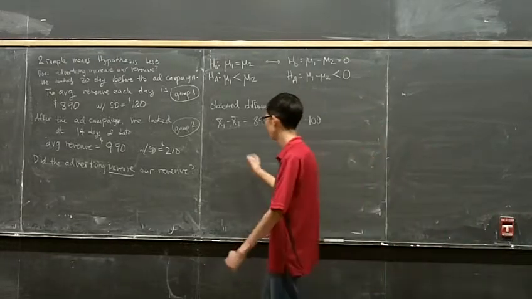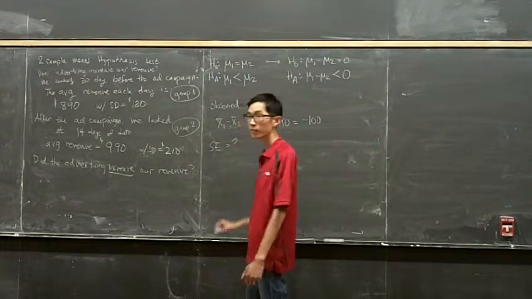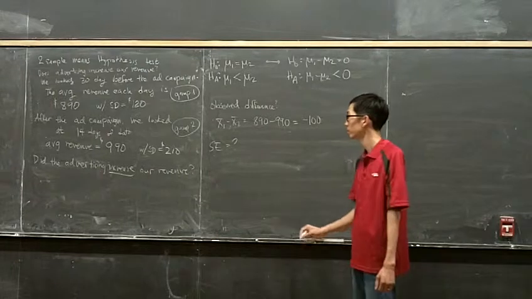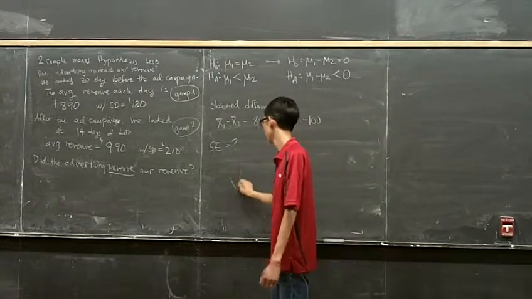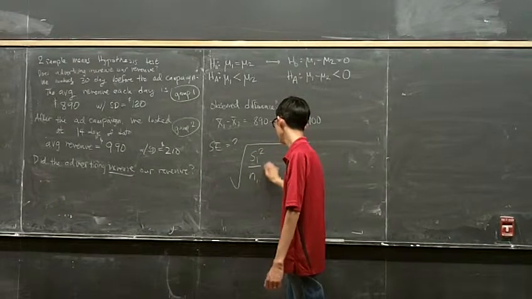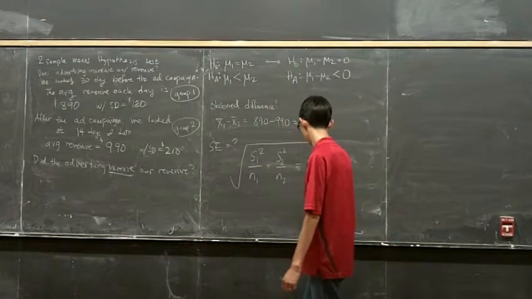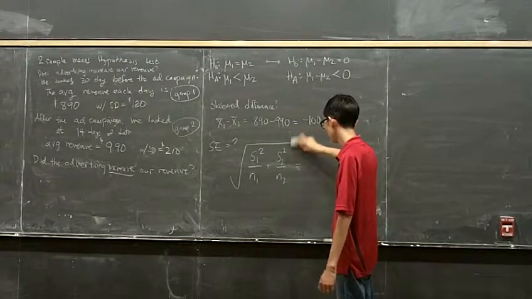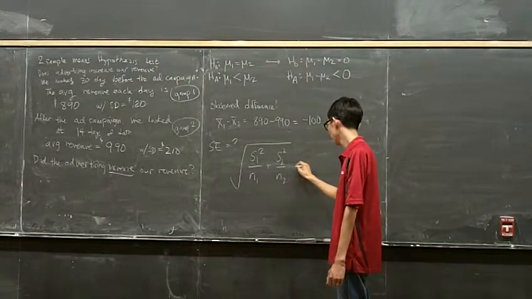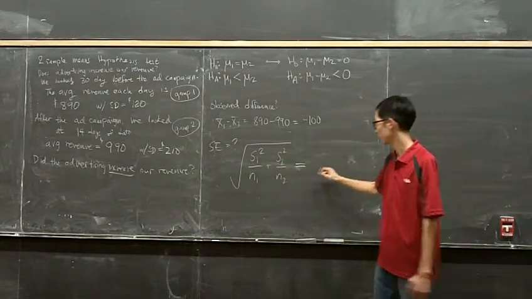Okay. And what's the standard error? It is the square root of S1 squared over N1 plus S2 squared over N2. Alright, don't forget to take the square root, you guys. As I was walking around, I saw a lot of people forgetting to take the square root at the end, okay?